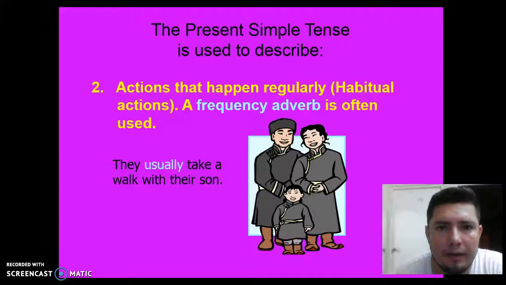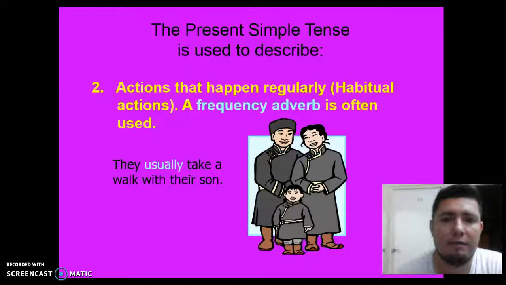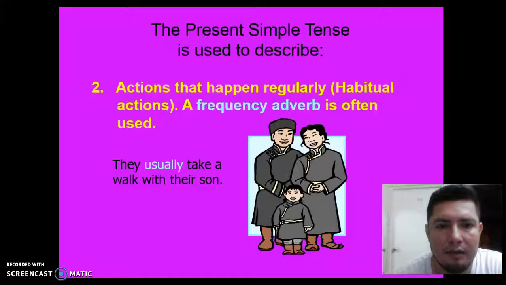And the present simple is used to describe actions that happen regularly, habitual actions, and frequency adverbs are often used, like usually, never, often, hardly ever, always, sometimes, and so on. There are a lot of them.